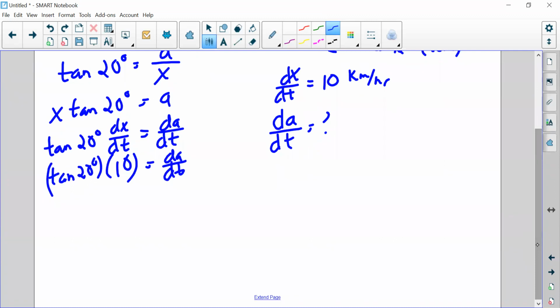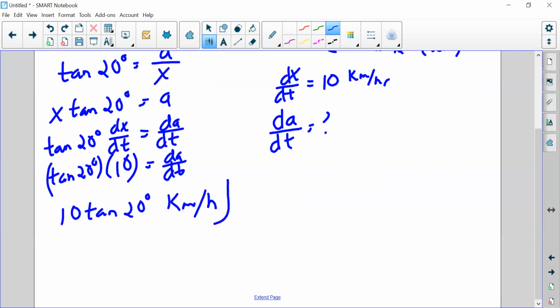In my calculator, actually, the book just left it there, didn't it? So 10 tangent of 20 degrees. And what is altitude being measured in? Kilometers. And what is time being measured in? Hours. So that's kilometers per hour. That's how you can find your units of measurement for that. It's around 3.6 or something like that.